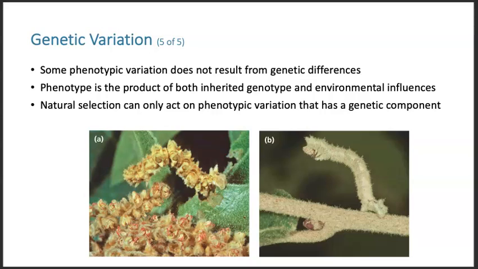Phenotype is the product of both genotype and environment, so we have to keep that in mind as we're measuring traits. Also, it's important that natural selection can act on phenotypic variation, but a successful trait only passes on if it has a genetic component to it.